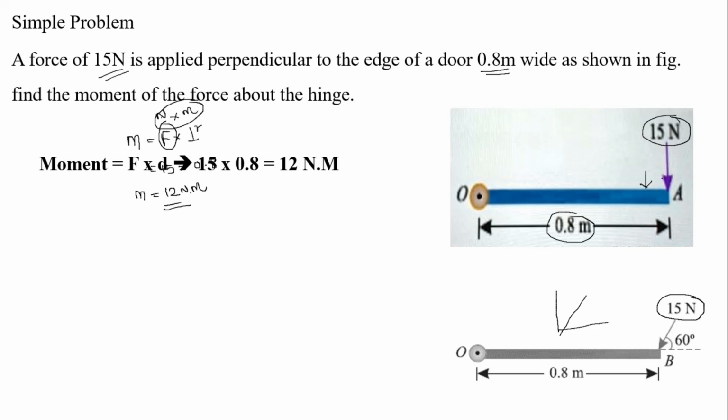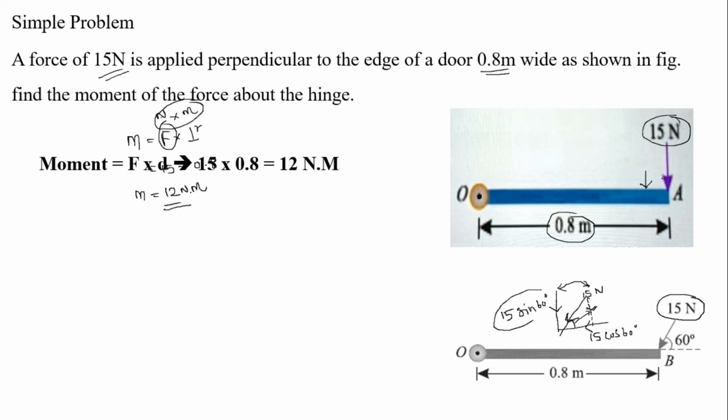So this is 15 Newton, with the vertical component downward and the horizontal component along the door. This is 15 sin 60 degrees, and this is 15 cos 60 degrees. Theta is the angle, and the side opposite to theta is the vertical force.